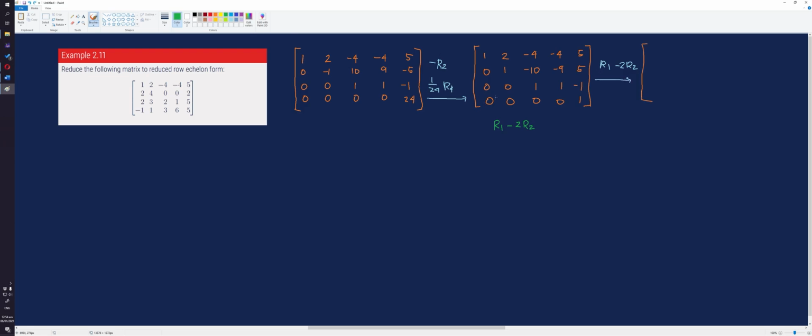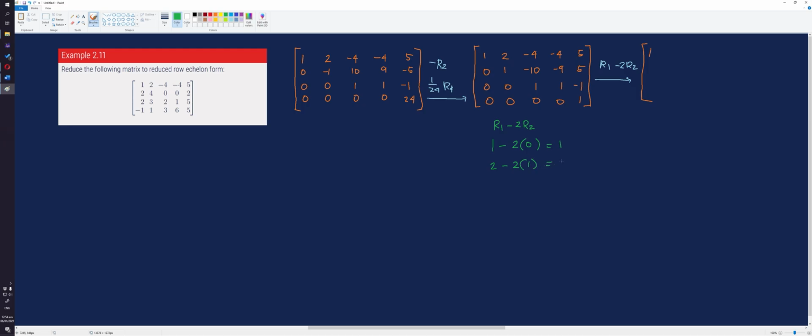So the new components of the first row: get the first element of row 1, that is 1, minus 2 times the first element of row 2, which is 0. Perform the operation. This is equal to 1. For the second element, we get the second element of row 1, that is 2, minus 2, which is the constant, times the second element of row 2, which is 1.